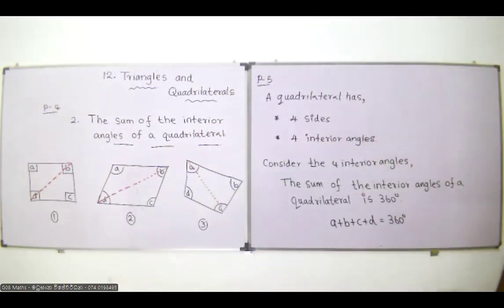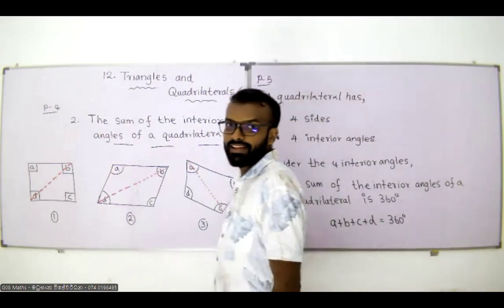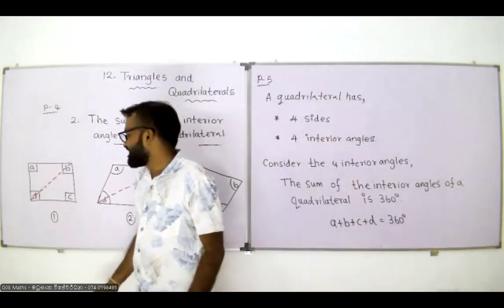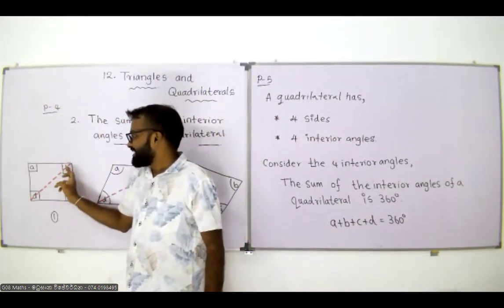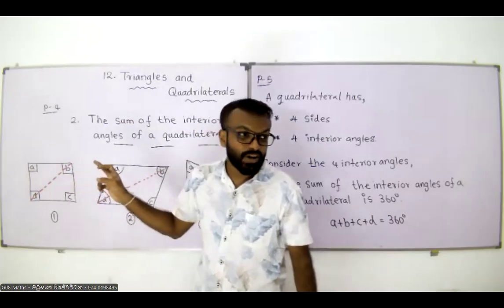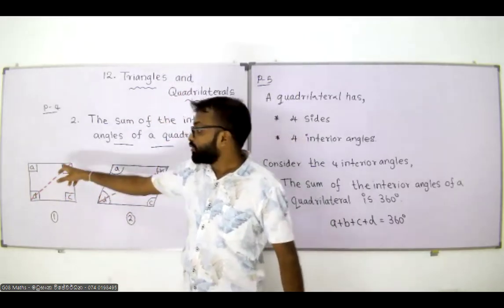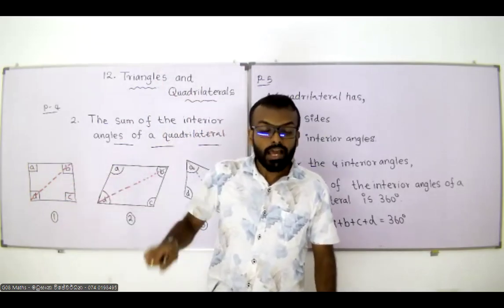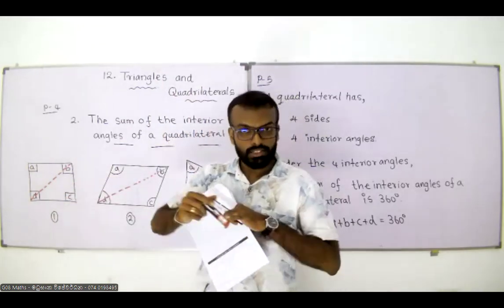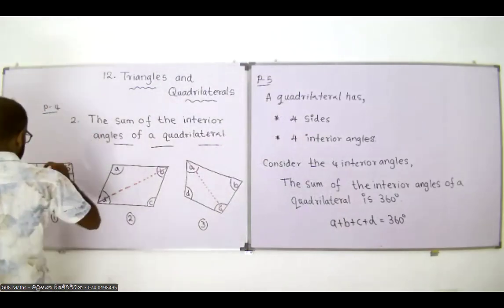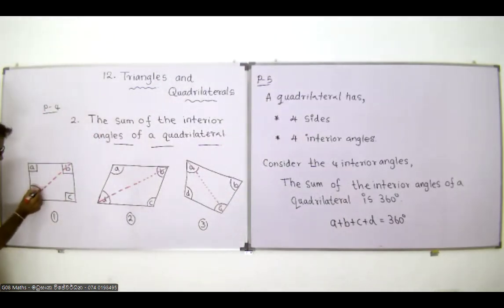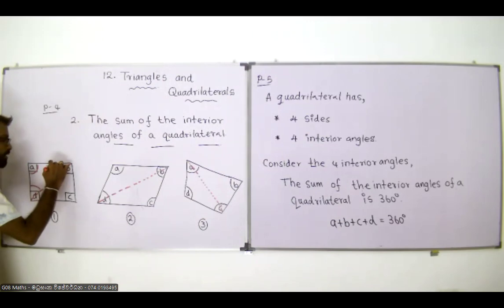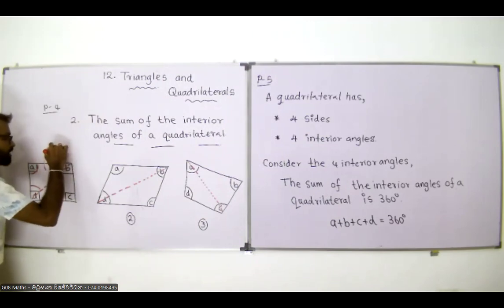This is a diagonal. On top of that diagonal you have one triangle, and it gives you 180 degrees, the summation of the interior angles: this angle plus this angle plus this angle.